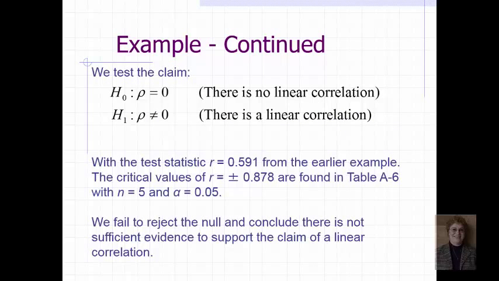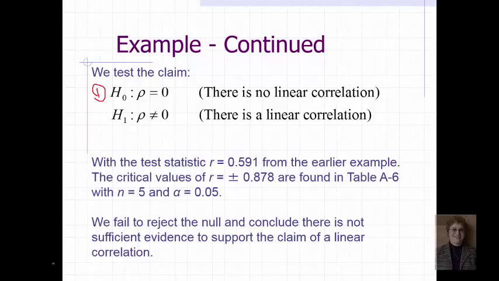And so here is our step 1. Our test statistic is 0.591. It is not bigger than our critical value, so it's not statistically significant. So we fail to reject the null hypothesis, and these data suggest there's not evidence to support the claim of linear correlation.